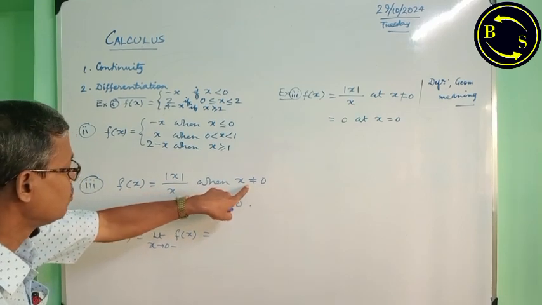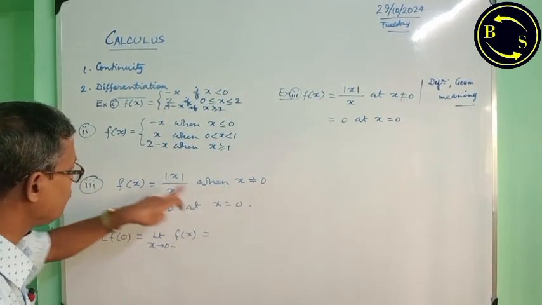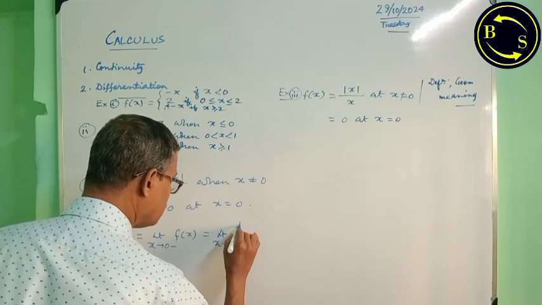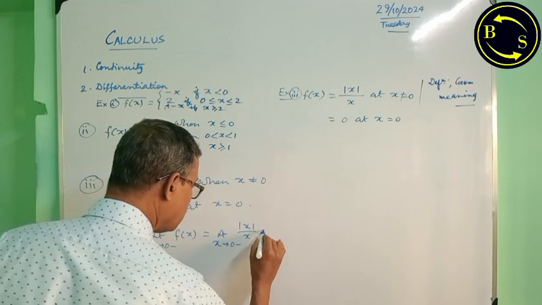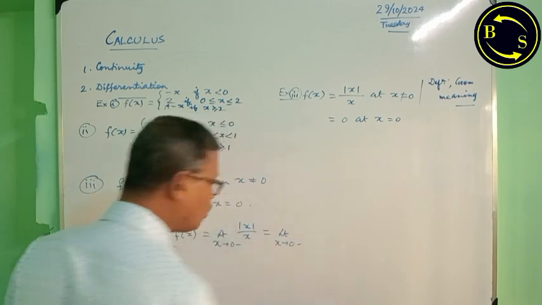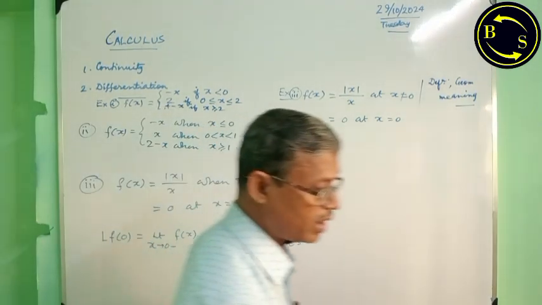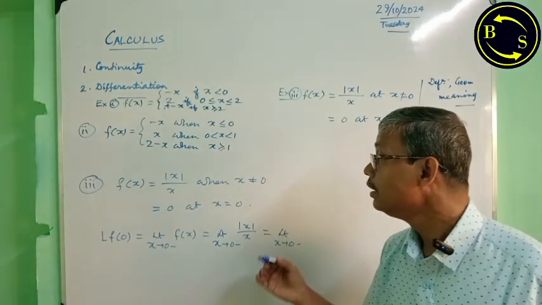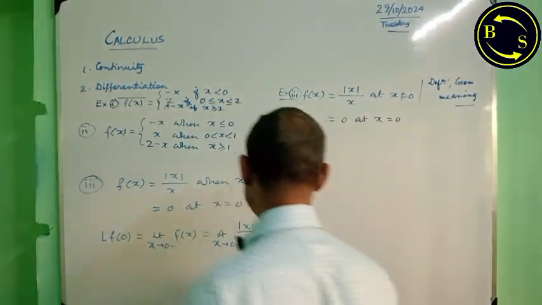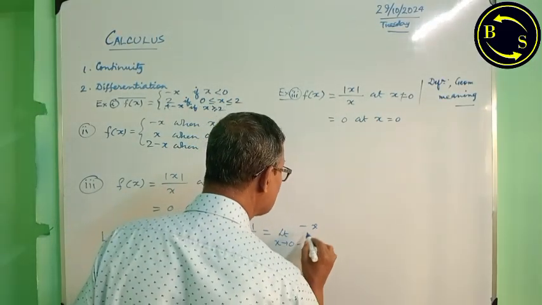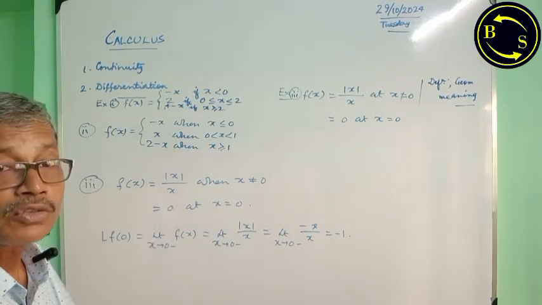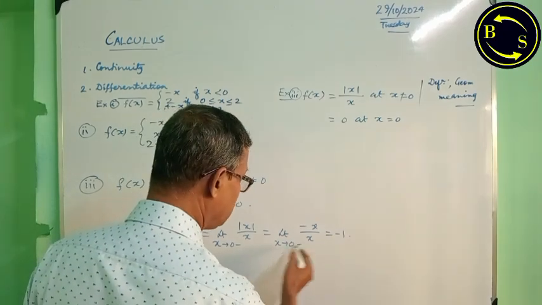When x is not equal to 0, f(x) is this, that means limit x tends to 0 minus mod x by x. Already I have discussed the absolute value, modulus of the given number. In case of x negative, that will be minus x by x, that is equal to minus 1. Since x is non-zero, we can cancel it and get the limiting value minus 1.